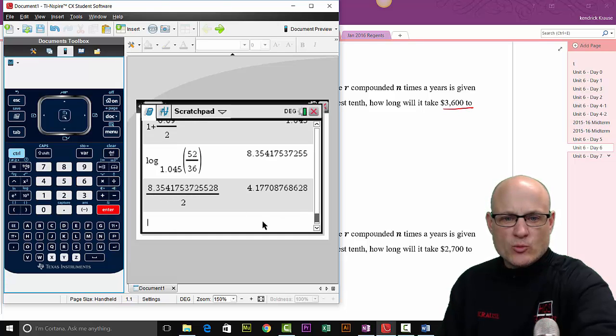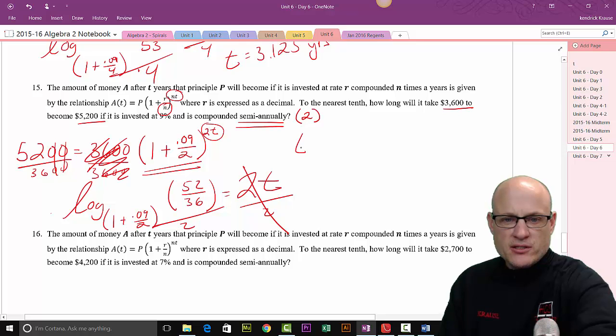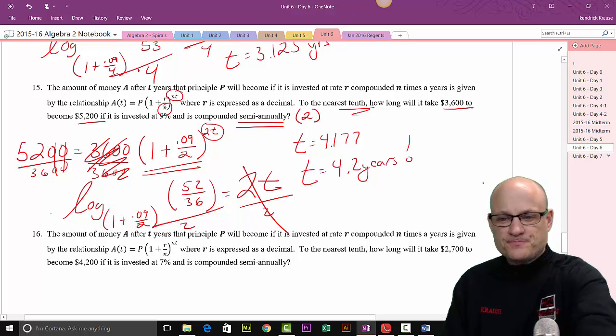It will take 4.177 years. So t equals 4.177, round to the nearest tenth again. T equals 4.2 years.